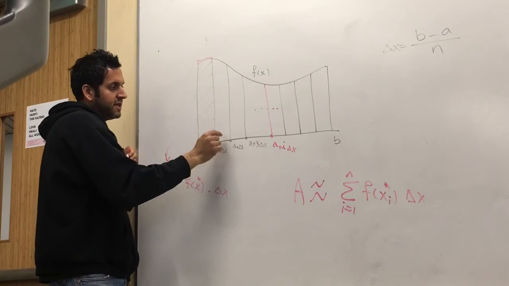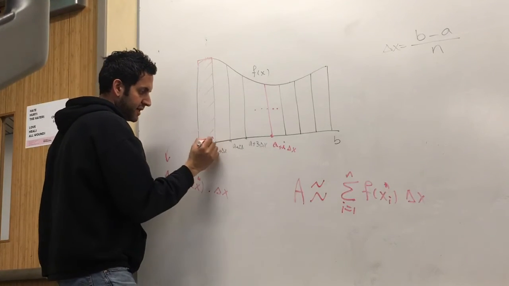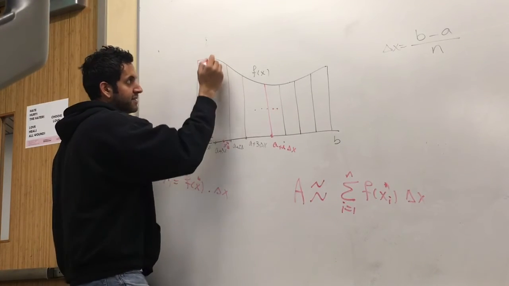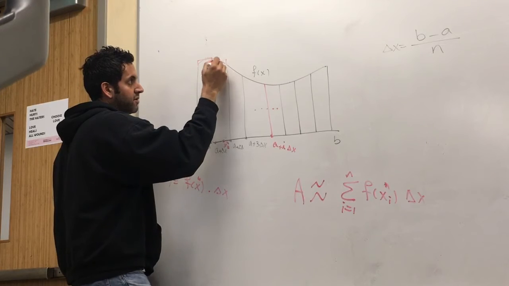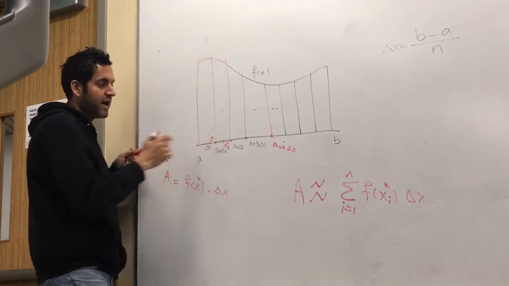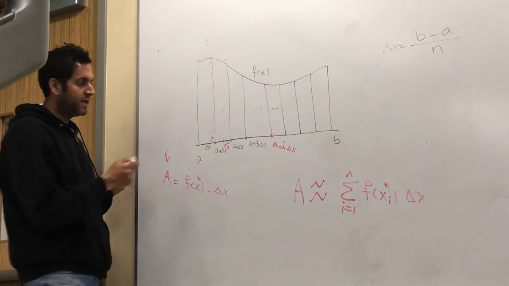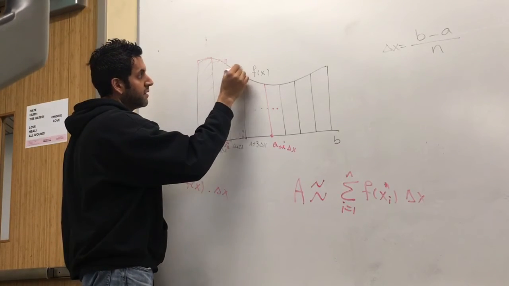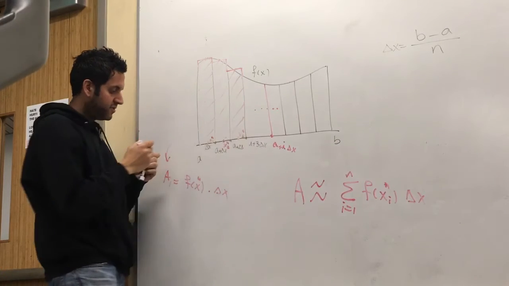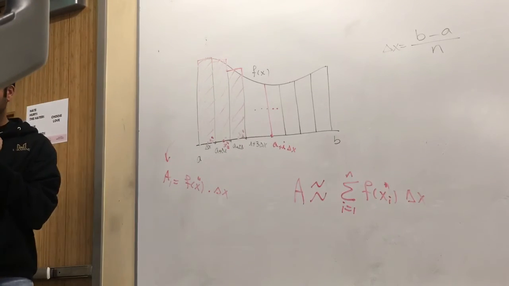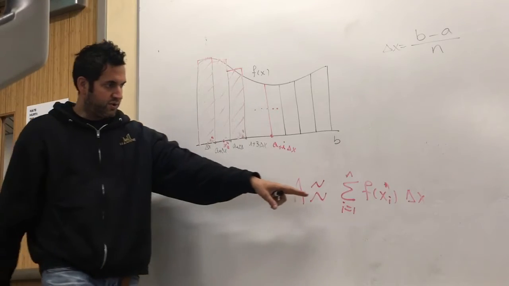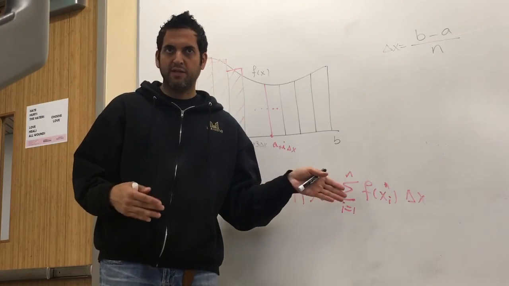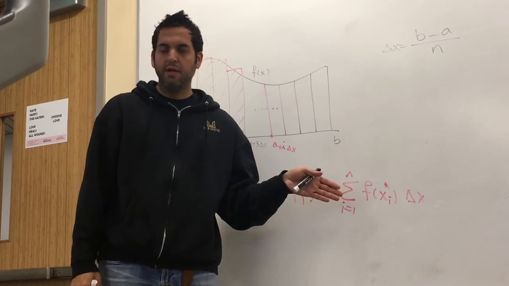The next one is the next xi, so this is x1 star, this is x2 star, somewhere here, and then the next one would be somewhere here again, this is x3 star. So you just keep adding these little pieces, and essentially that's what you get, which if you take n to infinity, defines the integral for you, all right?